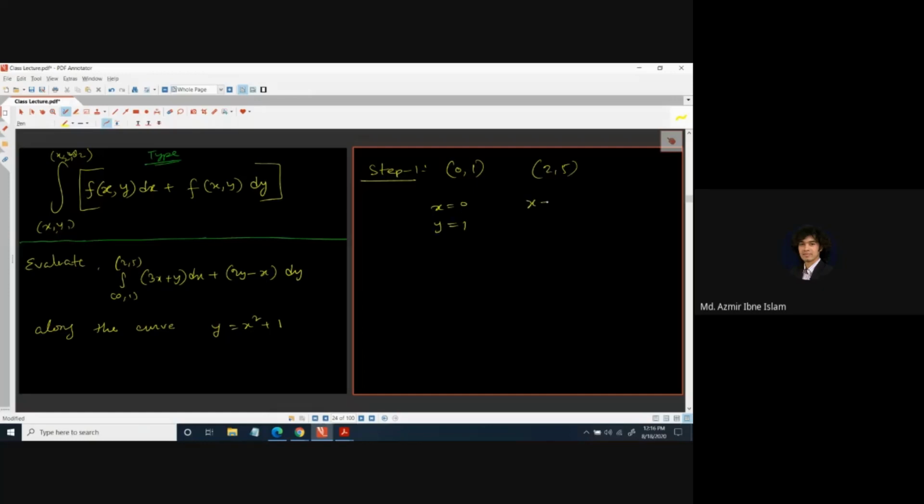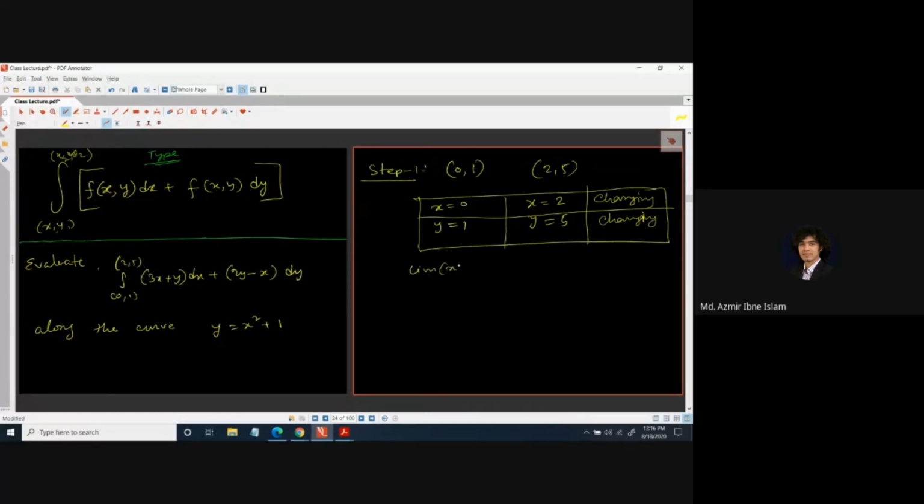For the second point, we have x equal to 2, y equal to 5. So x is changing, from 0 to 2, and y is also changing, from 1 to 5. So that means both x and y can be the limit.